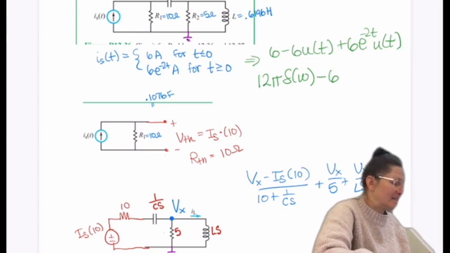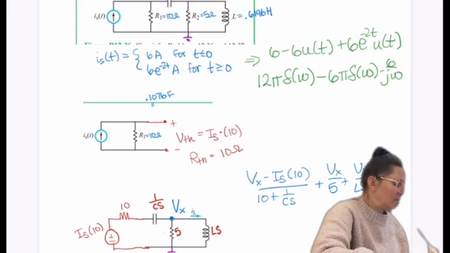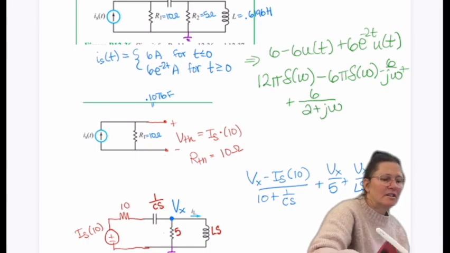Yeah, minus 6. And then what does the u of t become? Or u e, whatever. Plus 1 over, or I guess 6 over 2 plus j omega. Correct.